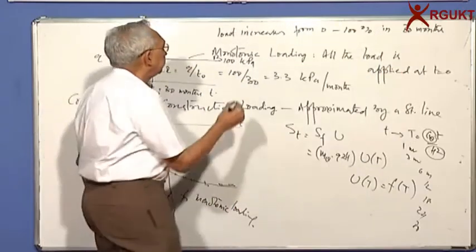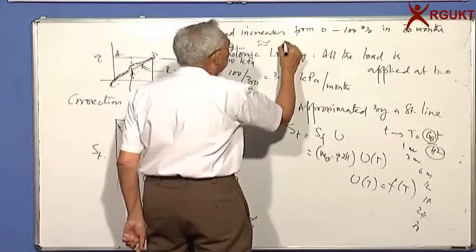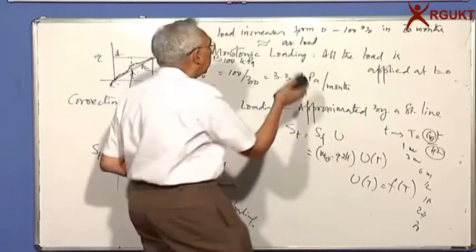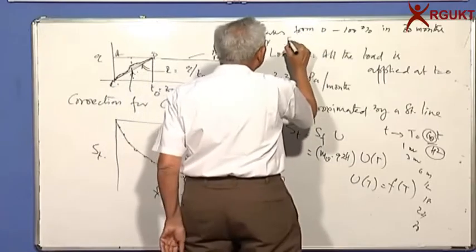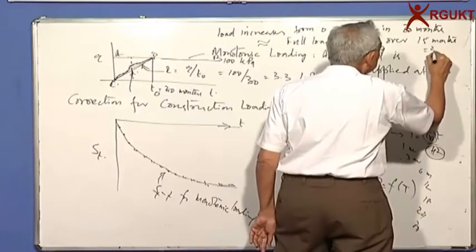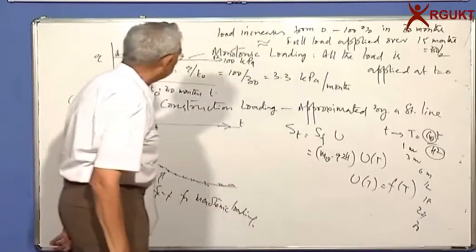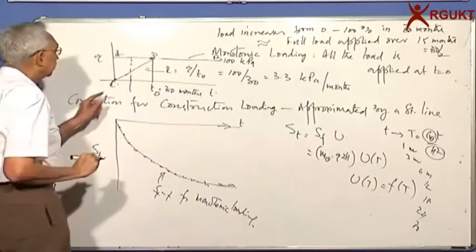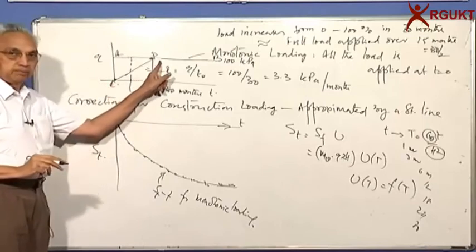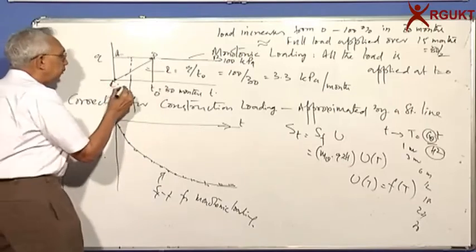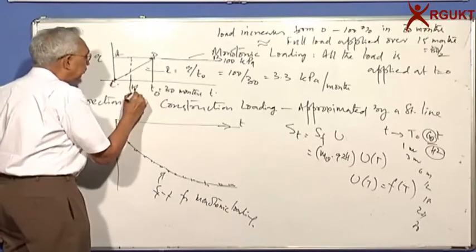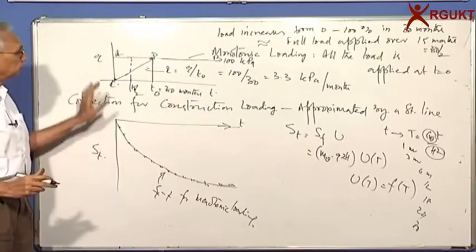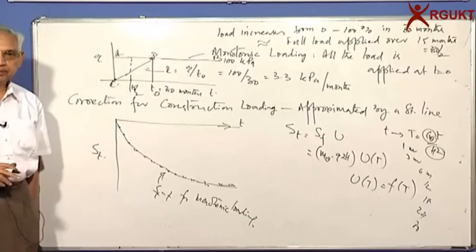Is it approximately equal to the full load applied over half the time, which is 30 by 2? What we have said is, instead of the load increasing from 0 to 100%, it's going to be applied as full load acting at t0 by 2, half the time. So this is one simple approximation we make.